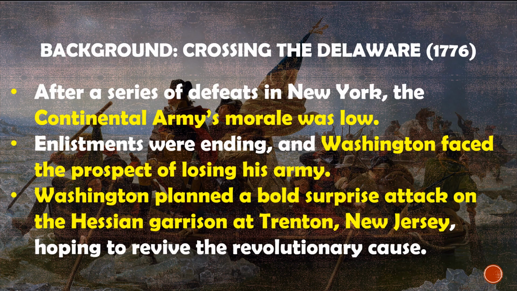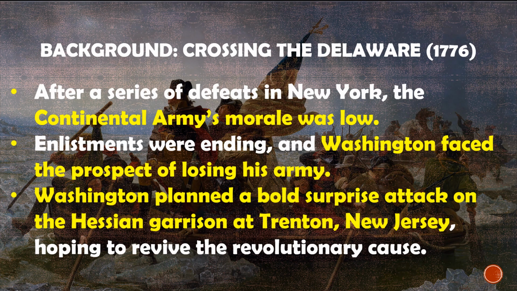The big plan that Washington and his other generals had was to launch a surprise attack on the Hessian mercenaries at a military base in Trenton, New Jersey, really trying to revive the revolutionary cause and motivate these soldiers to keep fighting on.